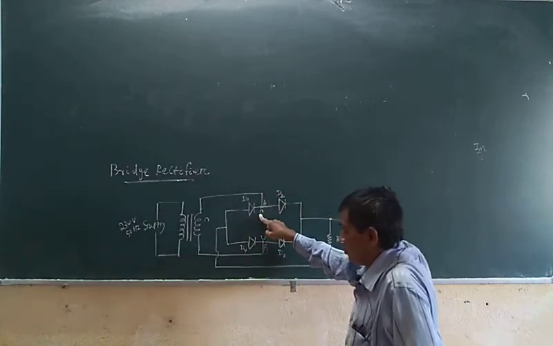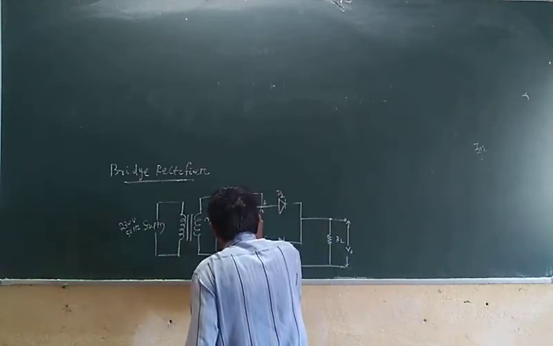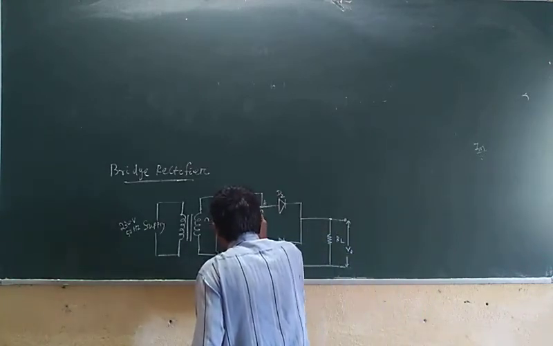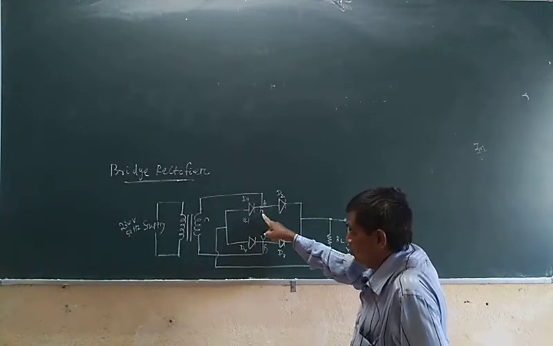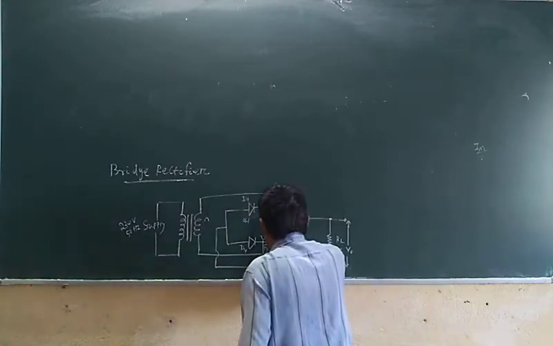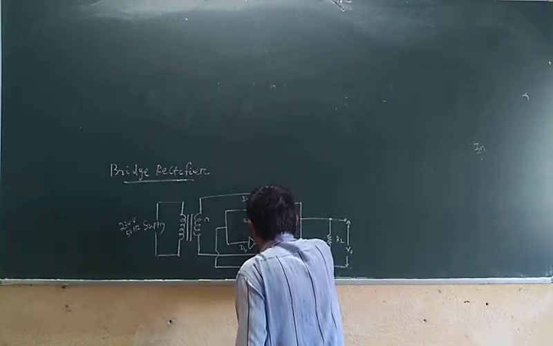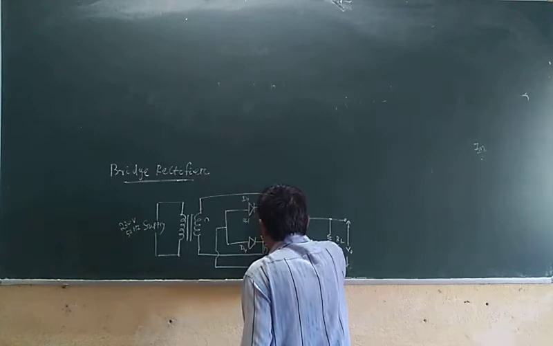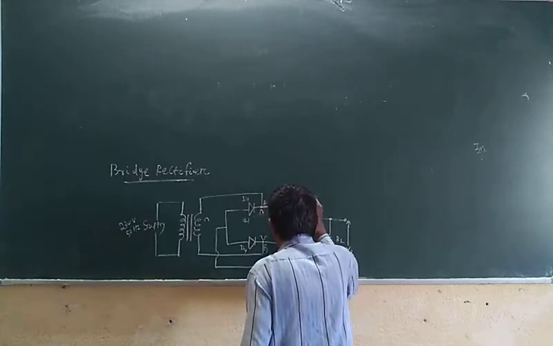Now positive is connected to the cathode of D1, that is reverse bias, so diode D1 is off, and diode D2 gets positive at the anode, so it is forward bias and D2 is on. So this positive voltage is conducted by diode D2 and passes through the diode to reach point P.